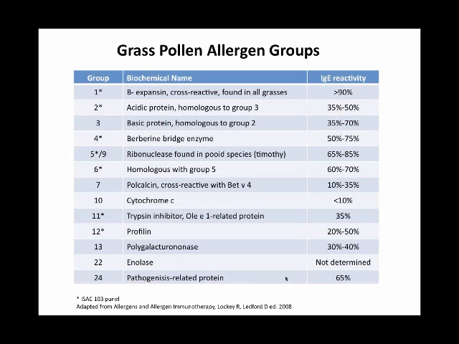Now, the grass proteins are grouped by similar proteins, and they're well covered in the ISAC. Certainly, group 5 probably is one of the most common sensitizations. Profilin is quite high too.